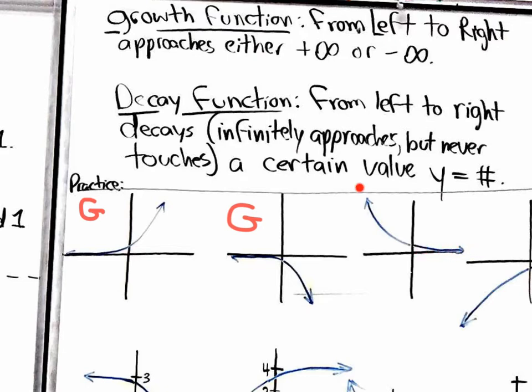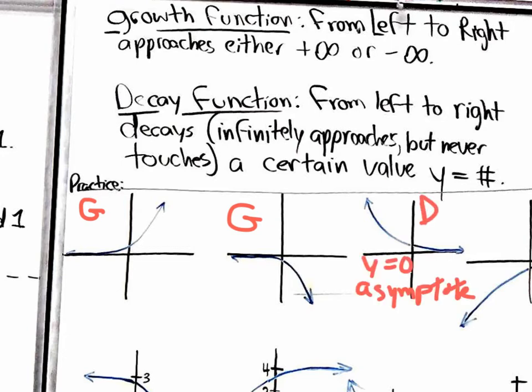But nevertheless, the main understanding I want for you guys to have is that this is a decay function. It's approaching a certain value. It's not going to positive infinity or negative infinity. It's approaching a certain value, and that value is y equals 0, which is the asymptote. So this is a decay function with the asymptote 0.